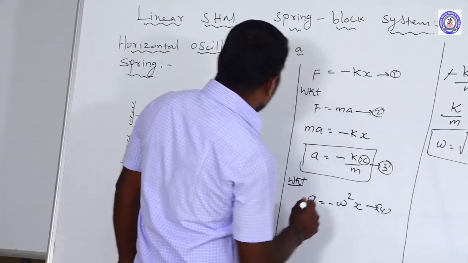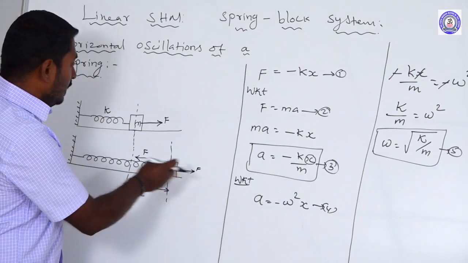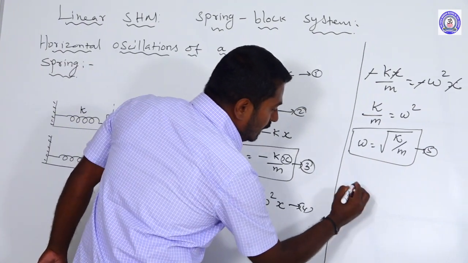Now we are going to calculate the time period of the linear simple harmonic oscillator.